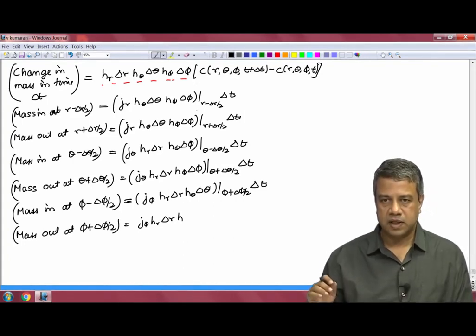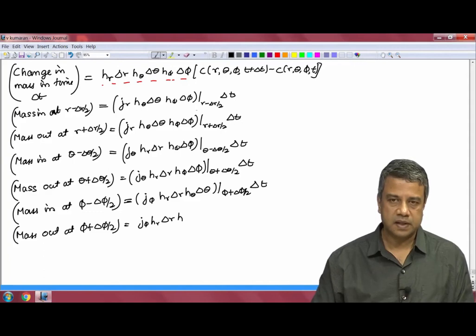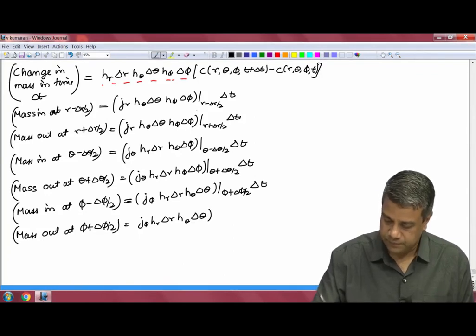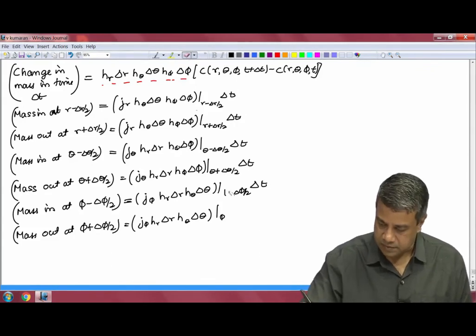The increment in the two directions perpendicular to the phi direction gives the surface area perpendicular to the phi direction, so this is h theta delta theta. And once again, this is phi minus.